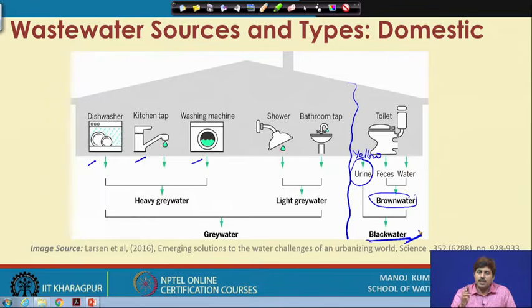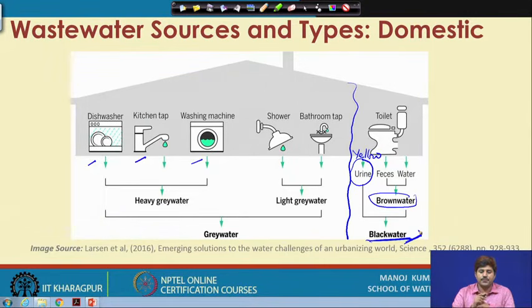Black is a color coding, an indication of the level of pollution, because of the severe level of pollution in the form of pathogens and organic loads.